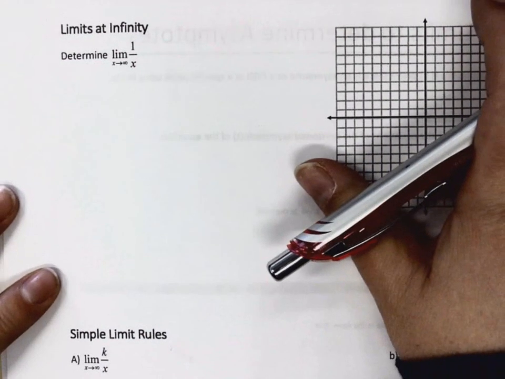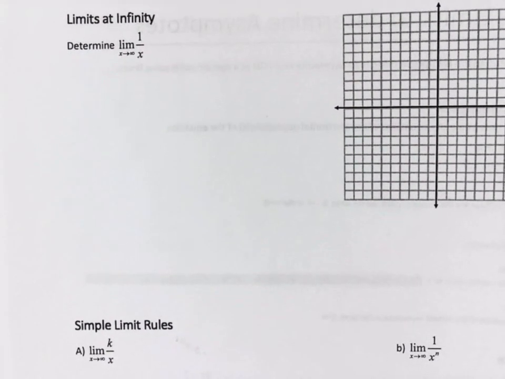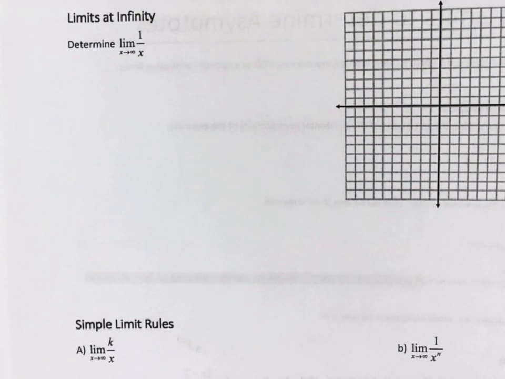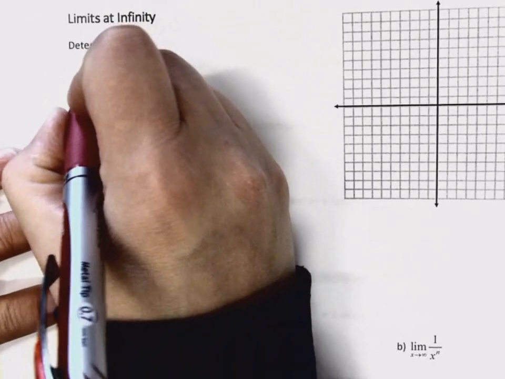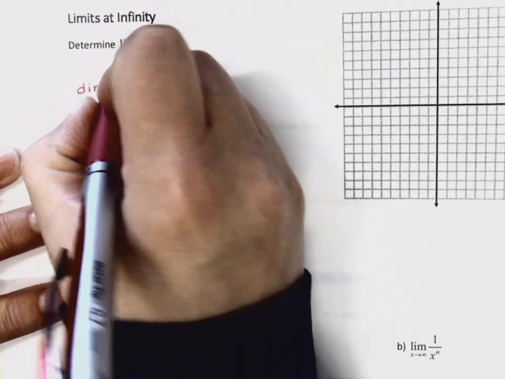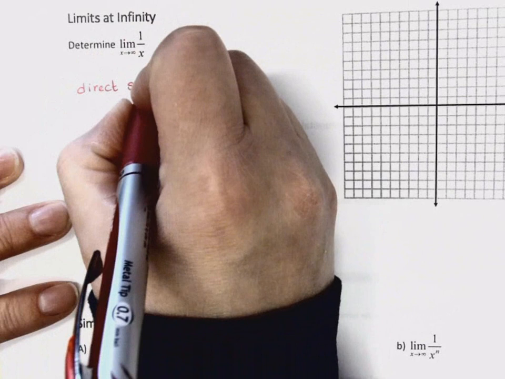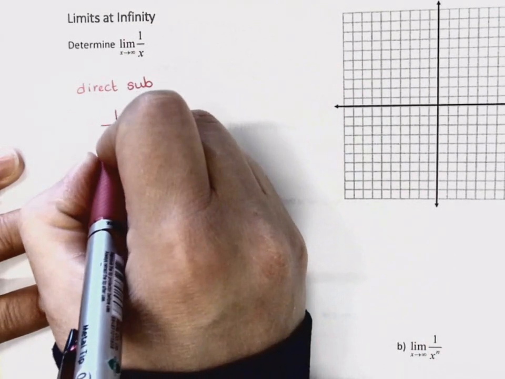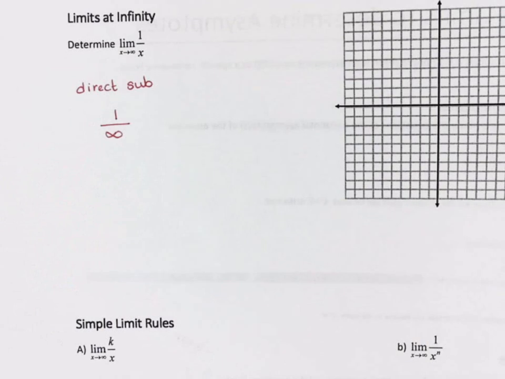So now we're going to do this one. So if you do direct substitution, you have something like that, and that's just weird.